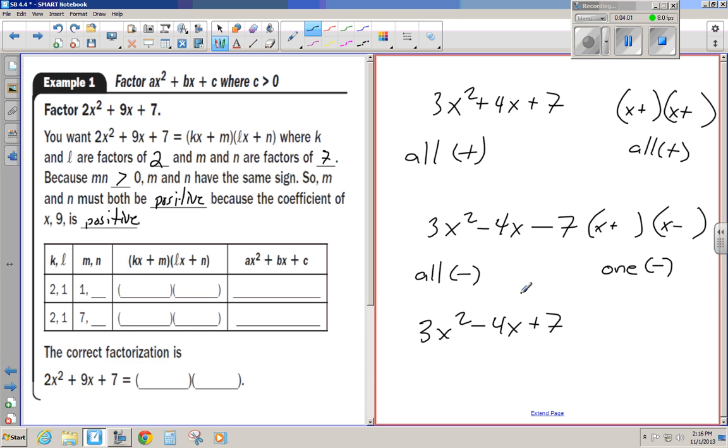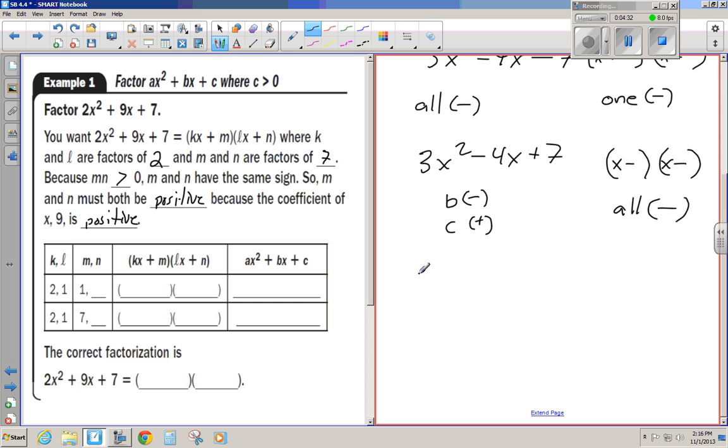All right? If b is negative and c is positive, then you would say all are negative here, because this would be x minus, this would be x minus.